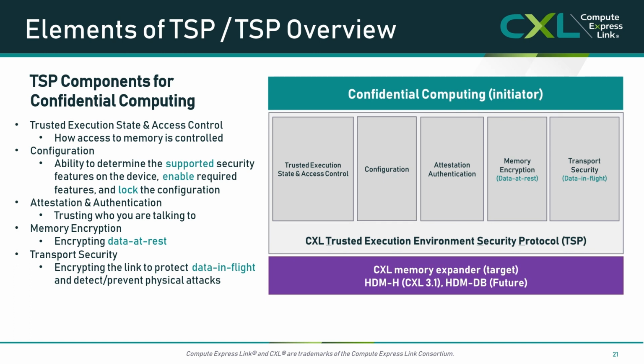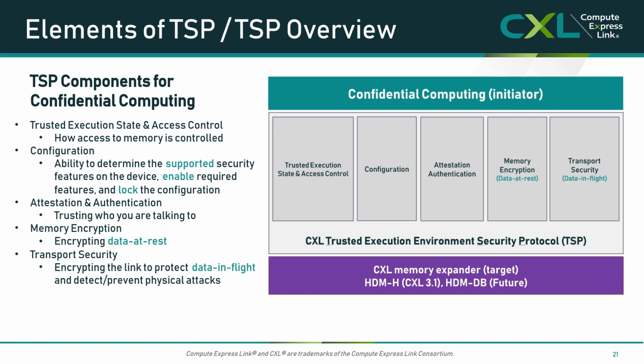Yeah, I should have done this build initially. So, how access to memory is controlled, this is the first part. The configuration, basically how do we determine the security features in the device and enable those features and lock that configuration to ensure that it doesn't change while the trusted application is running.